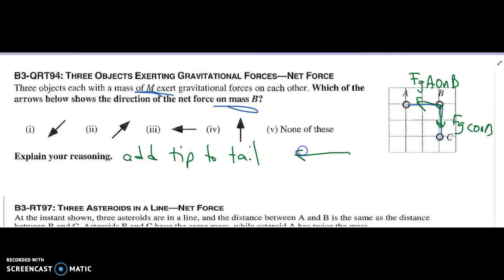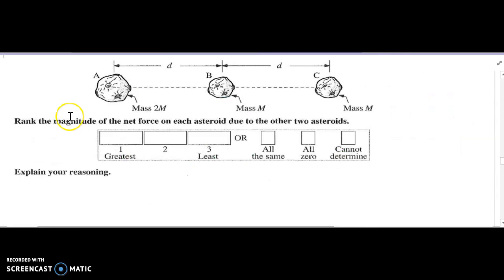So the first one I have is force of gravity of A on B. The next one, adding it tip to tail, it is going down, and that is the force of C on B. The resultant goes from the beginning to the end. And so that is my resultant. The direction it's going is here. That is the net force, adding up all of the forces.